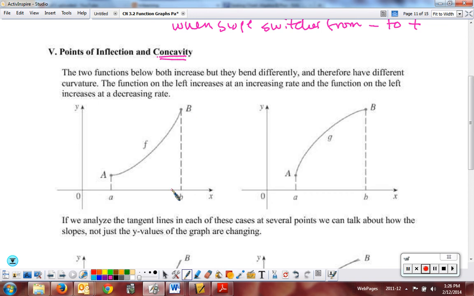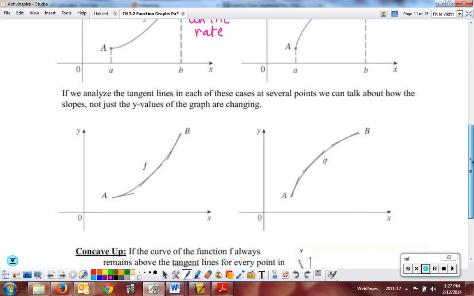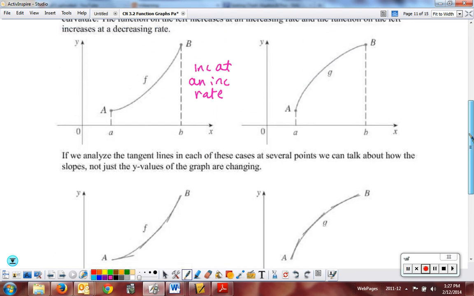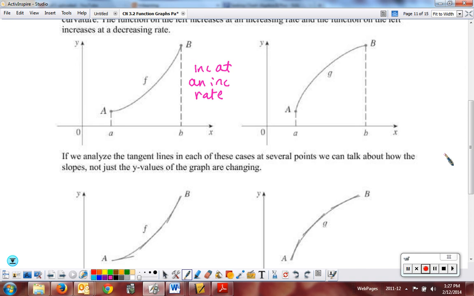So the function itself is increasing at an increasing rate. It's like the exponential growth curve. That one is clearly increasing at an extremely fast increasing rate. Parabolas are increasing at an increasing rate too, just not as fast as the exponential one that we looked at.